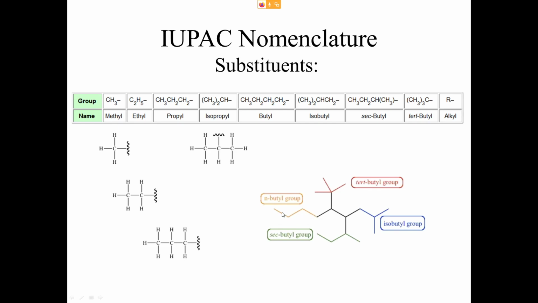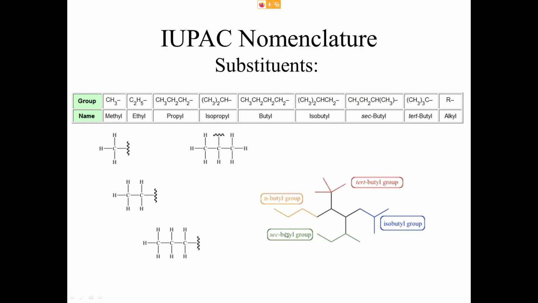I can draw it 4 in a row. I can draw it as an isobutyl. Again, it's 1, 2, and then it splits at the end. When you see that prefix iso, it generally means you split at the end, just like this one split at the end. So here it's 1, 2, 3, and 4 split, isobutyl. Or if you split it a little earlier, if it branched earlier, it branches first, and then one end is longer than the other.